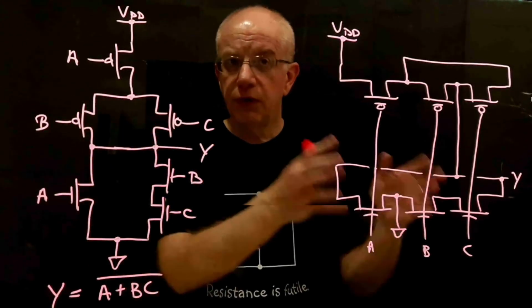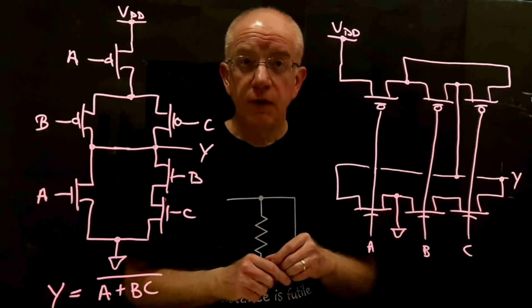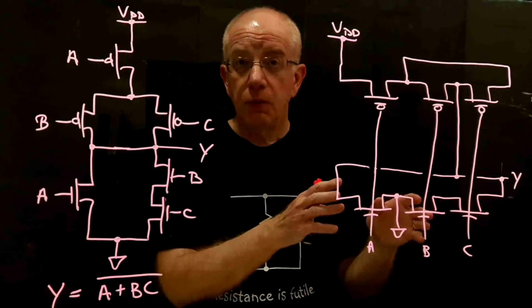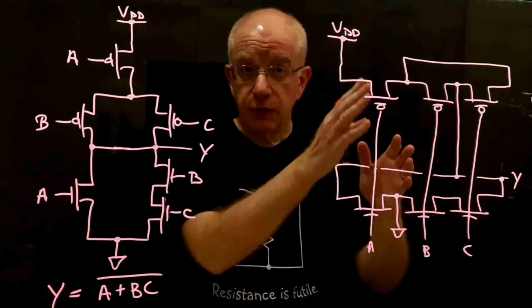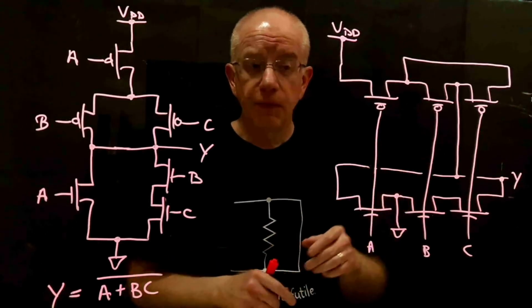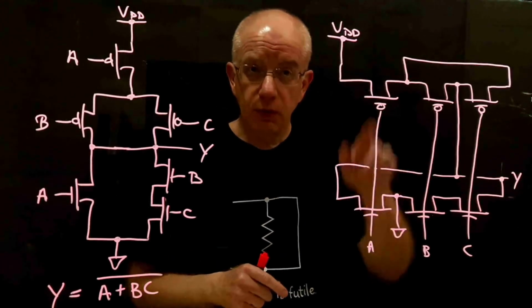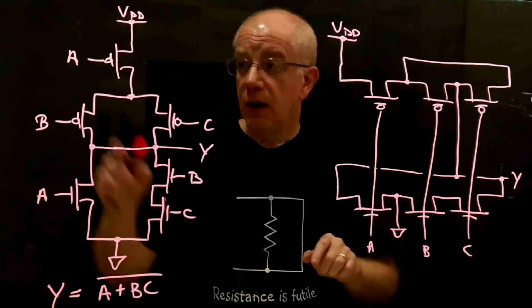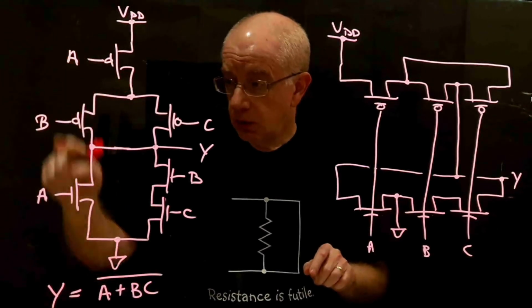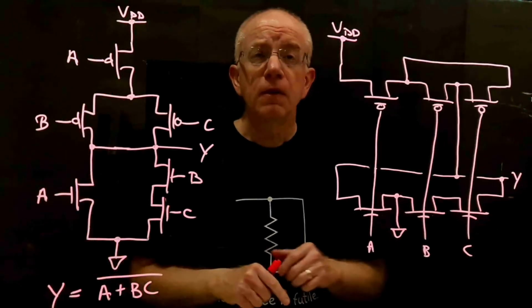Whereas in this kind of view, which is more oriented toward the physical design of the system, we like to put things near each other so we can optimize the way wires run. So you notice I've got the A and the B here connected through a short wire, as opposed to here where, if I wanted to connect the A and the A, I'd have to go over here and jump over the B or something like that.